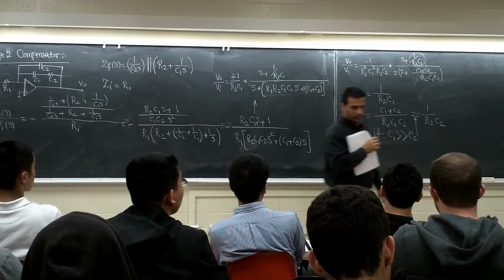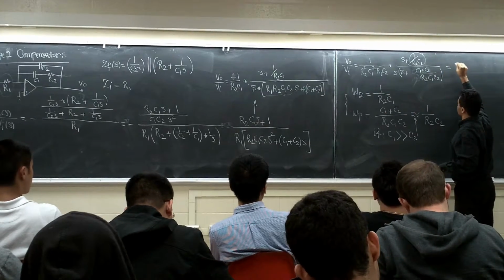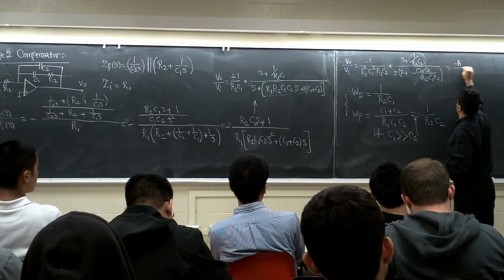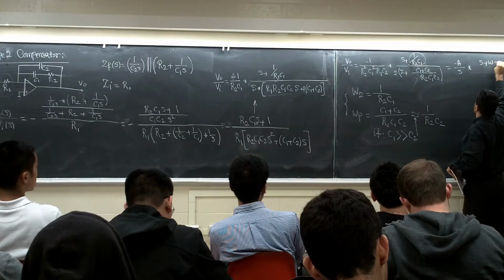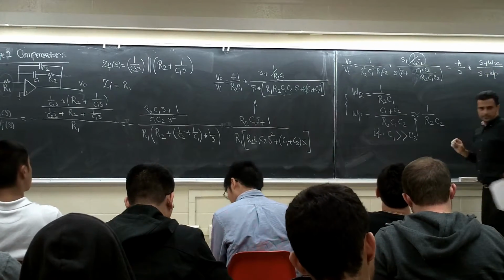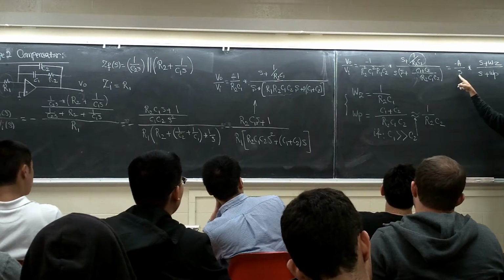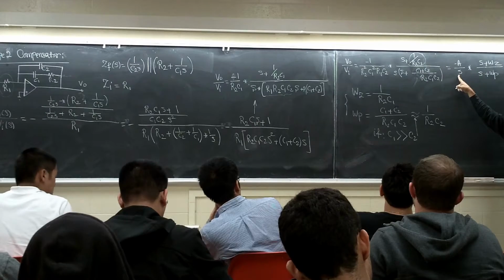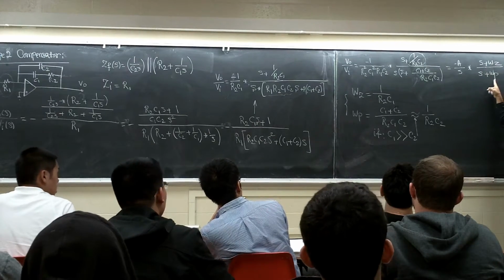Why did I write it this way? Because now this is a gain, let's say A over S times (S plus omega z) over (S plus omega p), right? It has one pole at 0, one zero at omega z, and one pole at omega p.